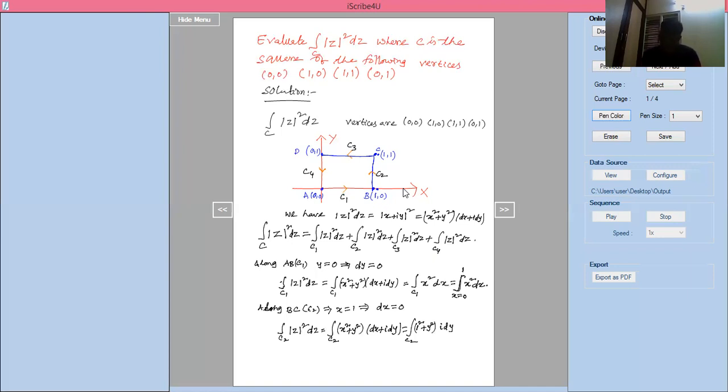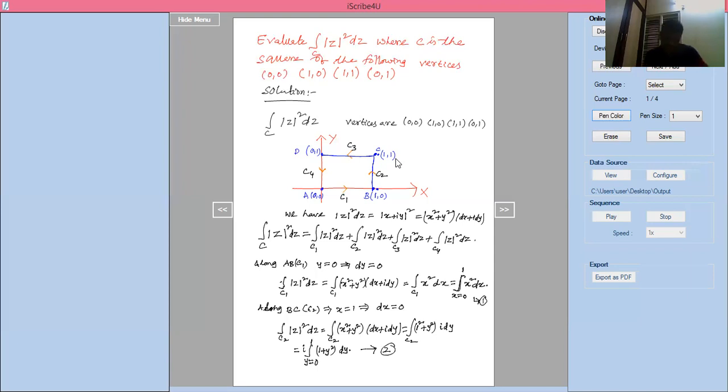Here only y terms are there, and the y limit is 0 to 1. So y equal to 0 to 1 of i into 1 plus y square into dy. This is equation number 1, and this is equation number 2.